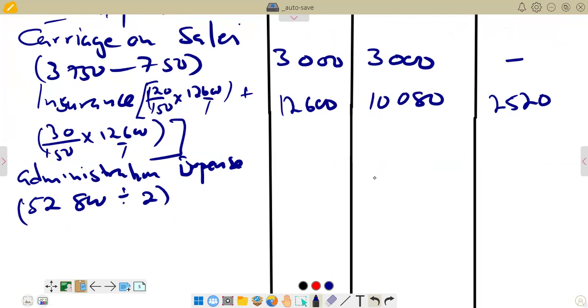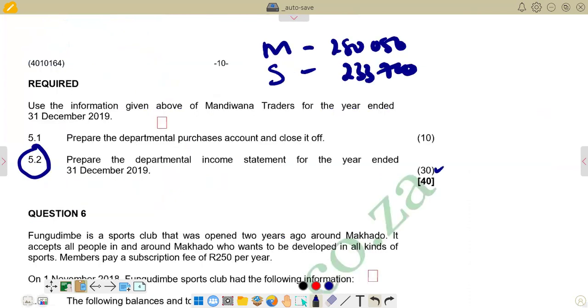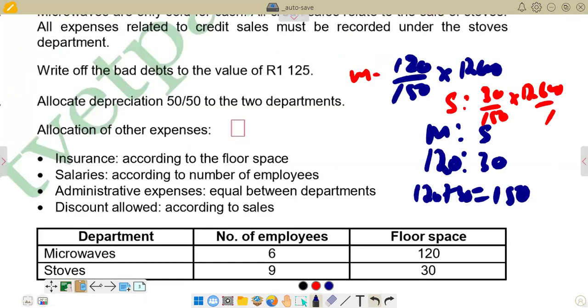When we divide it by 2, we are going to get 26,400. So we are going to say 26,400 applying to both departments. Add the two, and obviously we come back to 52,800. So this is what we check on in terms of the trial balance, and then the next expense that we are having.